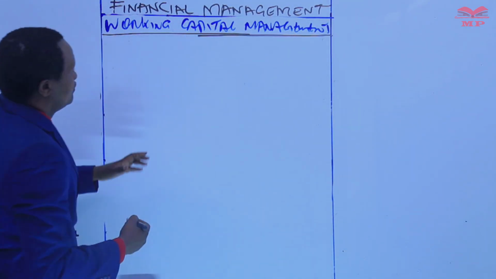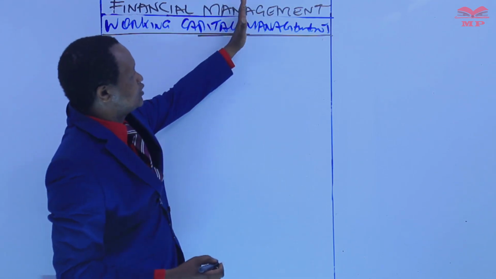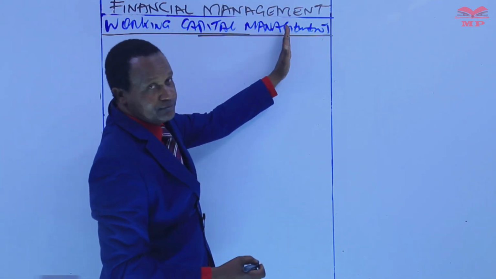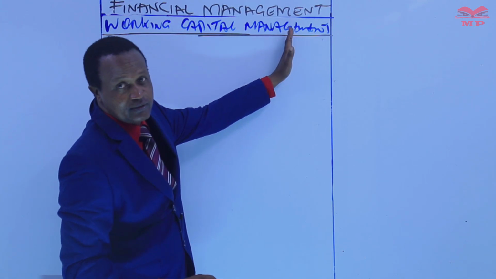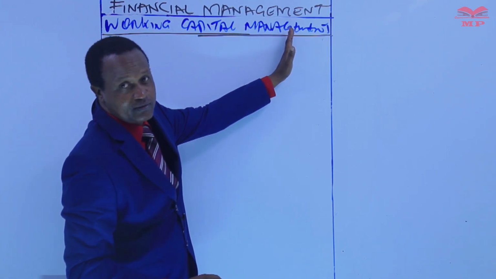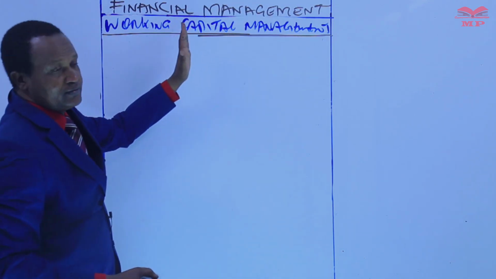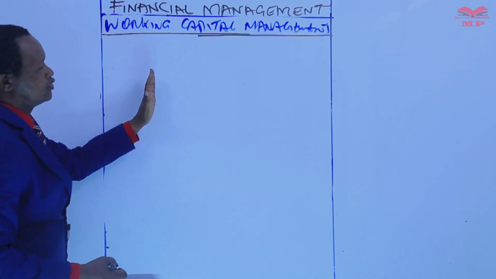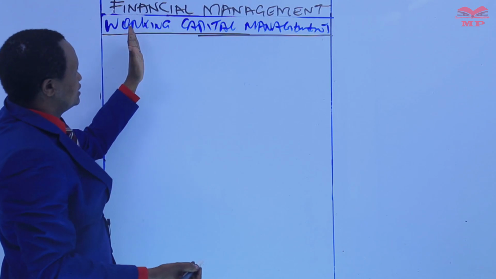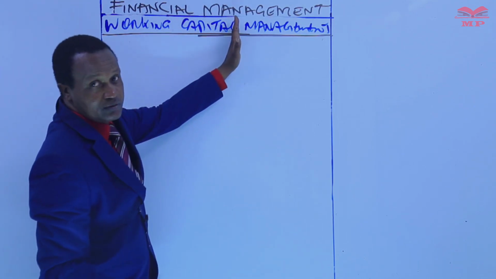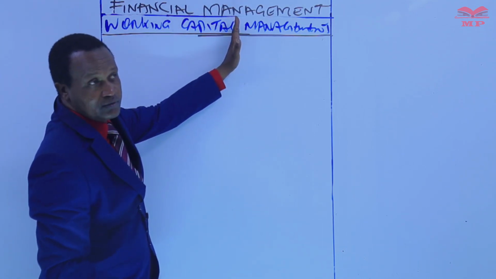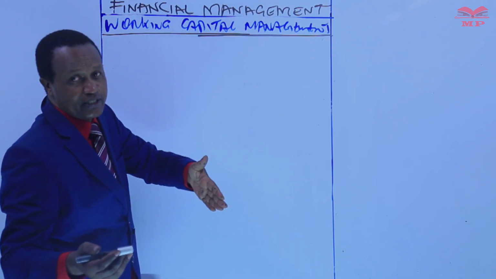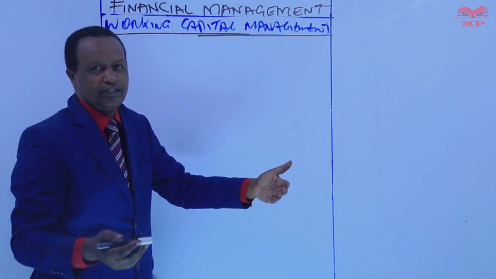So we have working capital, then we have working capital management. So let's define what is working capital. Now, working capital is the current assets of a company minus its current liabilities.